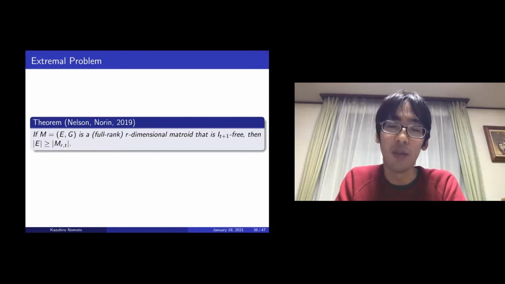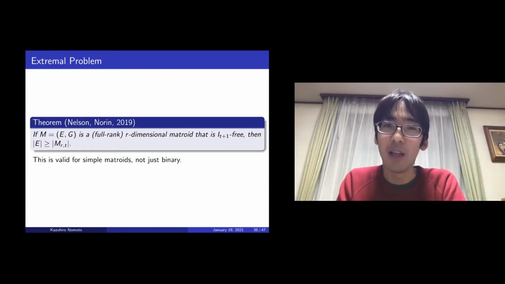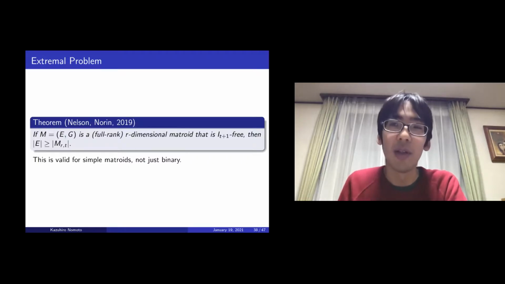When the dimension is small, you might have all sorts of different matroids, but at some point, that's going to be your unique tight example. Actually, all of what I said about the extremal problem is valid for all simple matroids, not just for binary matroids. But I'm going to stick with simple binary matroids during this talk.